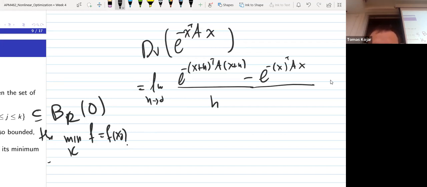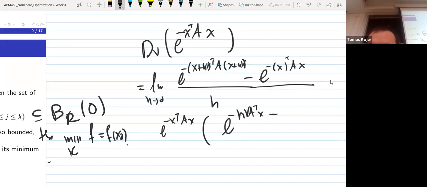Remember we could factor this out. So you have x transpose, I, x, and then some h term, A transpose x, and it was like v. This is v.